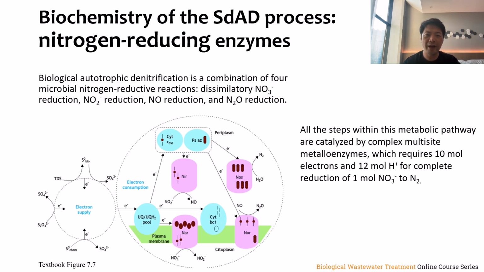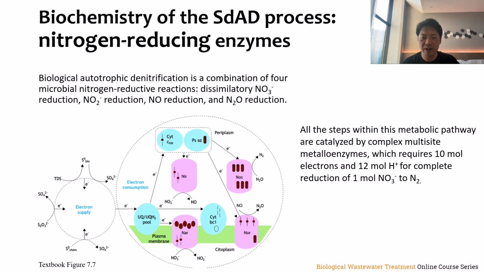So nitrite is then reduced to nitric oxide by periplasmic nitrite reductase, and subsequently nitric oxide is converted to nitrous oxide and water by a membrane-bound nitric oxide reductase, NOR, which contains heme c, heme b, and non-heme iron.